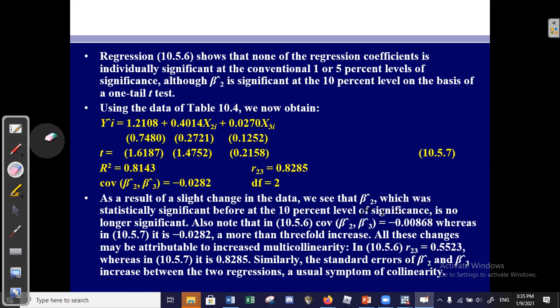Forget about the details for the time being. I just want to show you the output. In this outcome, if you look at R square, you see, R square is fantastic, 0.8143, okay?